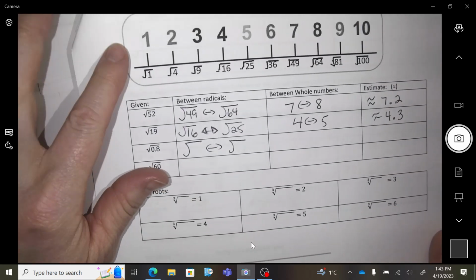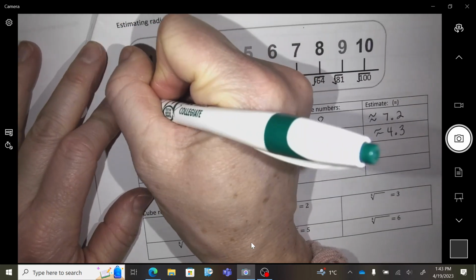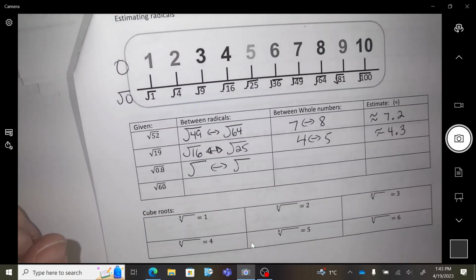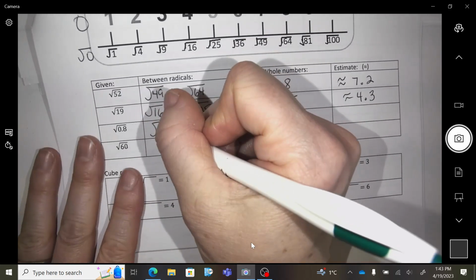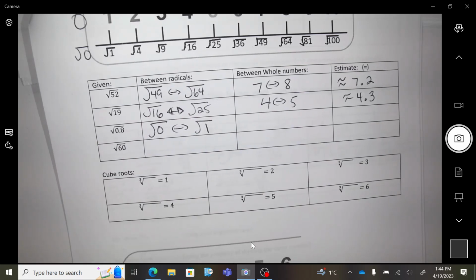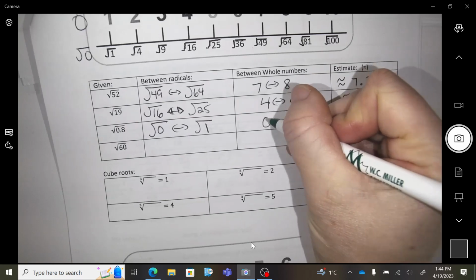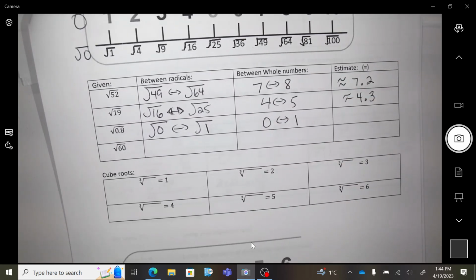What could I have written on this number line before? 0 is the square root of 0. So therefore, we're between the square root of 0 and the square root of 1.